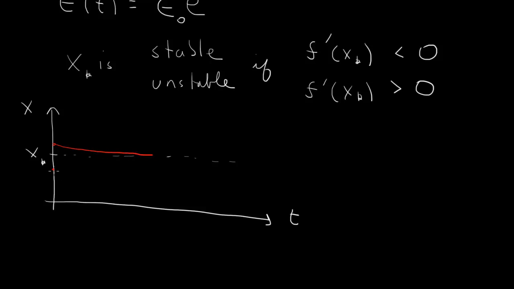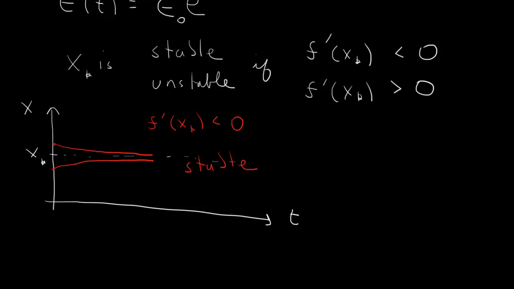Similarly, if we start below and it's stable, it will decay exponentially to x star. So this is what happens when f prime of x star is less than 0, so that we have stable. Okay?